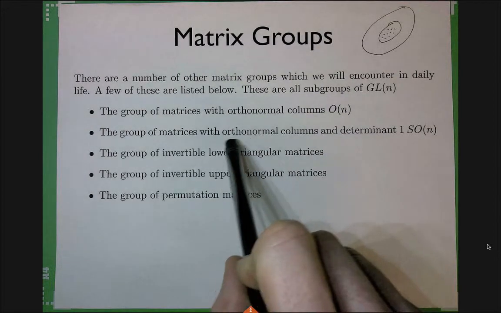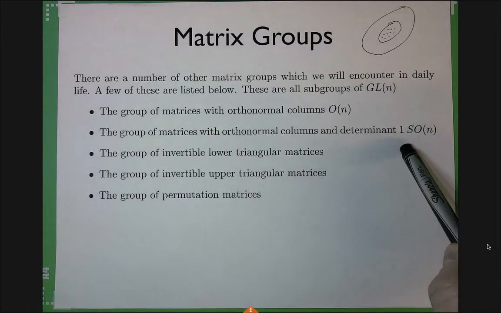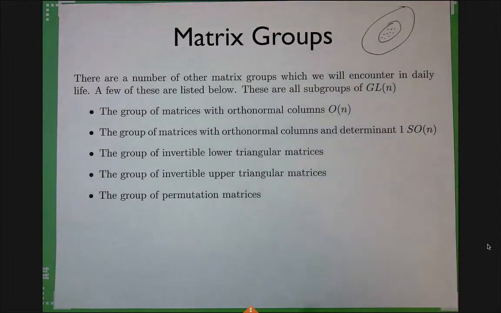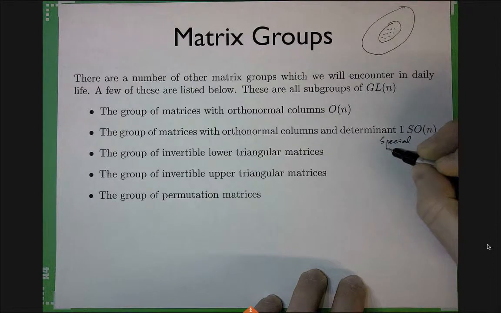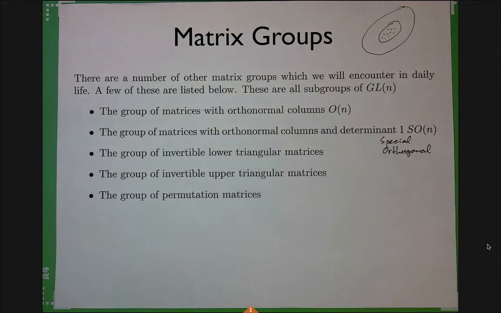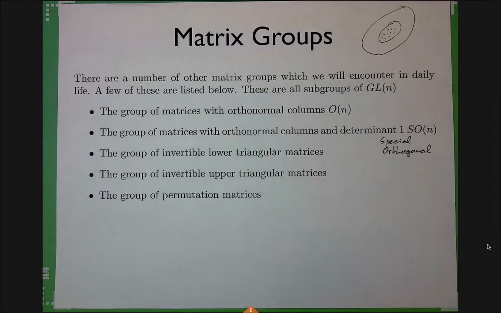Now, the group of orthonormal matrices with determinant 1 is the group of rotations. This is called SON, for special orthonormal or special orthogonal. I think it's actually the special orthogonal group, but it's just terminology. I think it really means orthonormal.